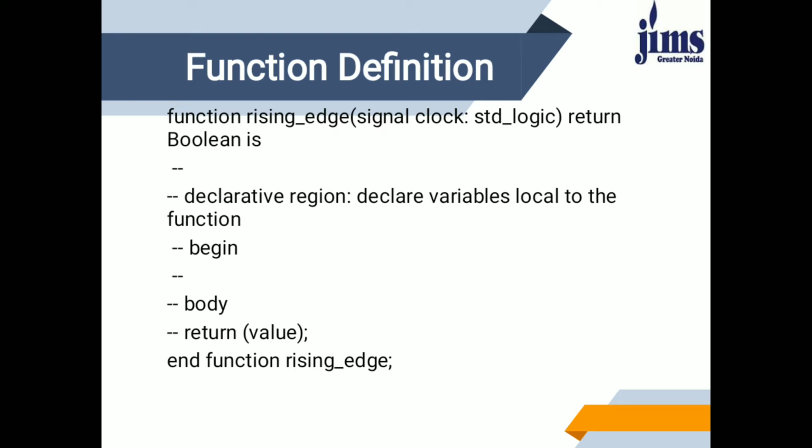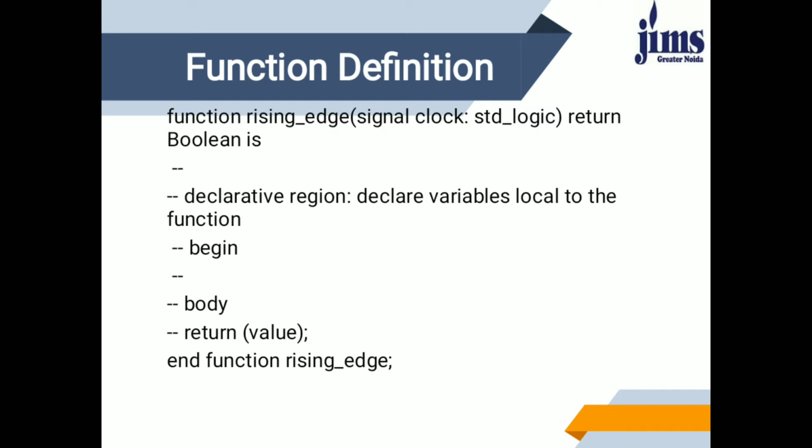Then we will begin. Again, sequential statements will be written, then we will return those values defined in the sequential statements. Then I need to write the function name again.